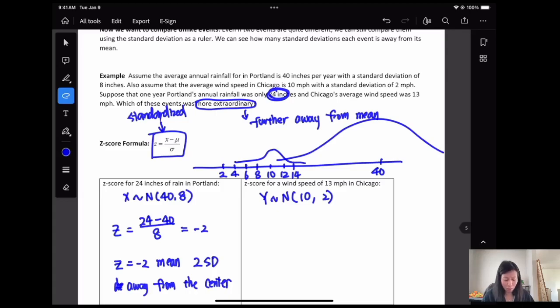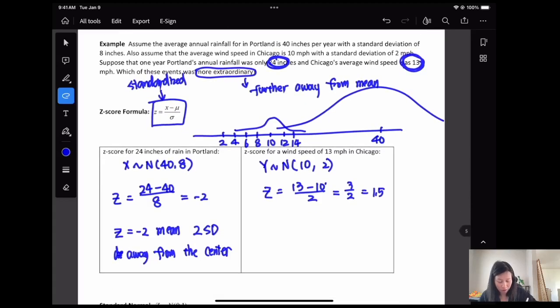Now look at the z-score of the Chicago wind speed. The wind speed is 13 miles per hour that year. So the z-score for that is 13 minus its own mean, 10, divided by 2. So we have 3 divided by 2, which is 1.5.